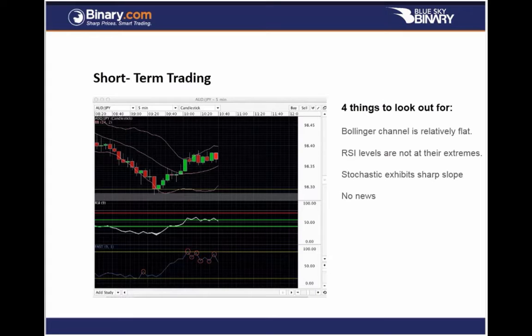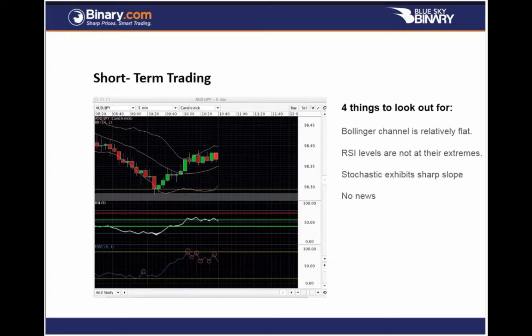So this is a 5-minute strategy that you can use when the Bollinger channel is flat, the RSI is between 30 and 70, and also the stochastic exhibits a very sharp slope. Now, what is important that you should always be aware of when trading is that there are no news in the market when you're trading this strategy, especially mean reversion.